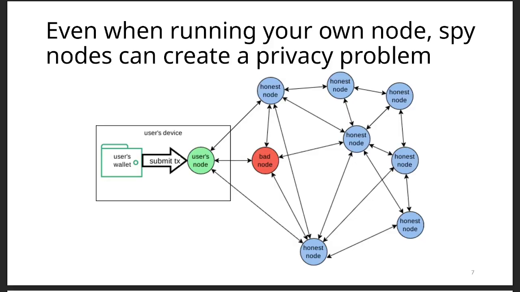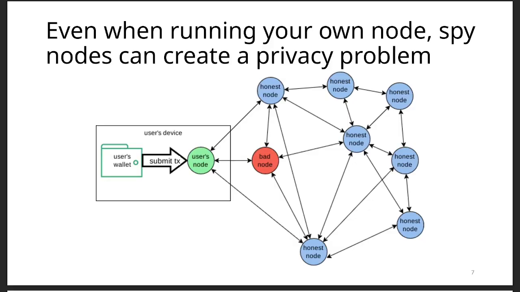Even when running your own node, spy nodes can create a privacy problem. Here, a user's wallet submits a transaction to the user's node running on the user's own device. The user's wallet and the user's node do not necessarily have to be running on the same device, but that is the typical setup.